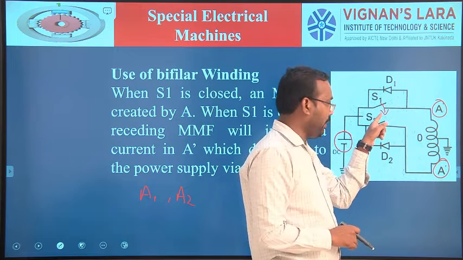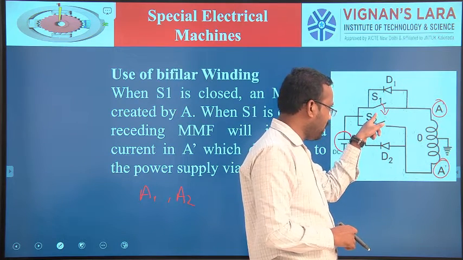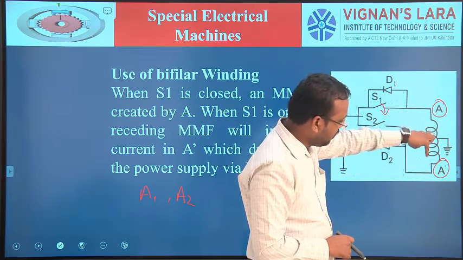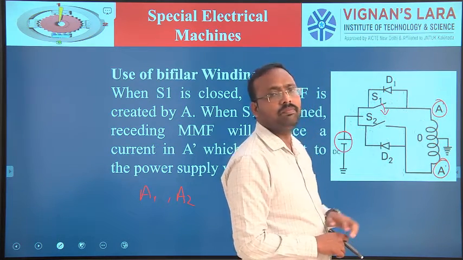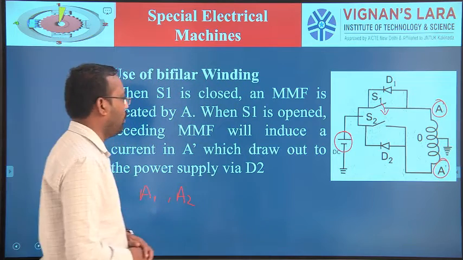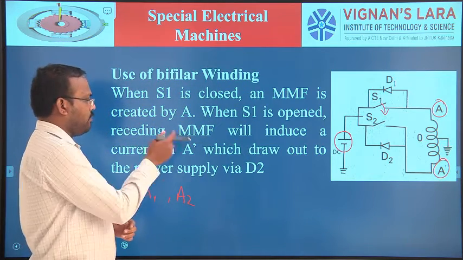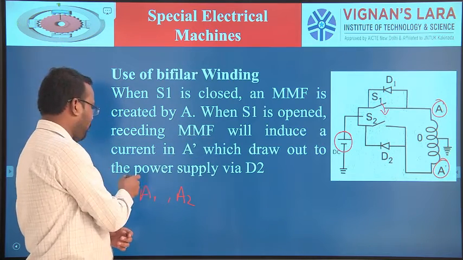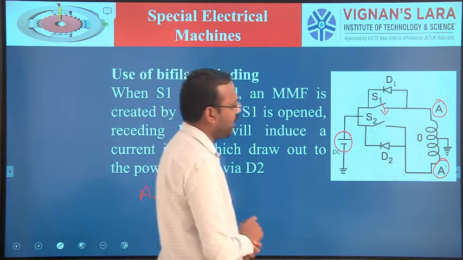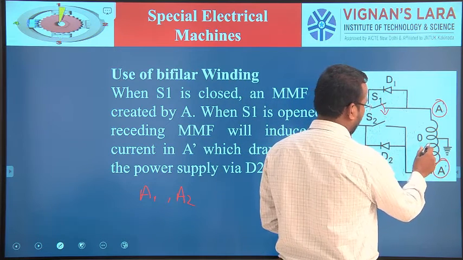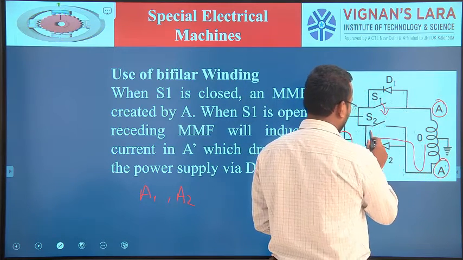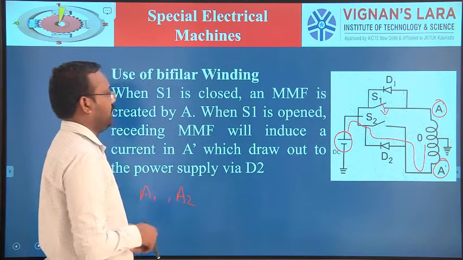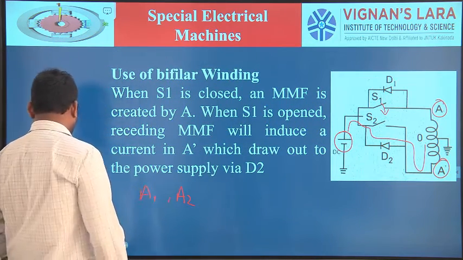Very important: when the switch is closed, the MMF is created in winding A. When the switch is off, the receding current passes through A prime, which draws it out to the power supply via D2. So this current will flow to the main power supply. This is one direction.